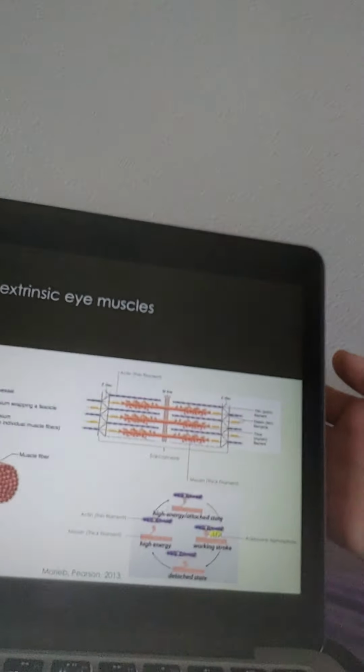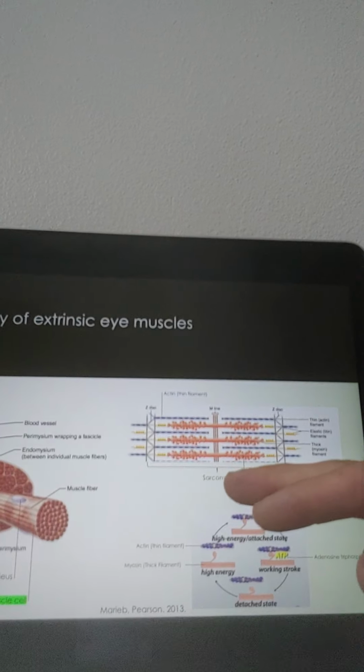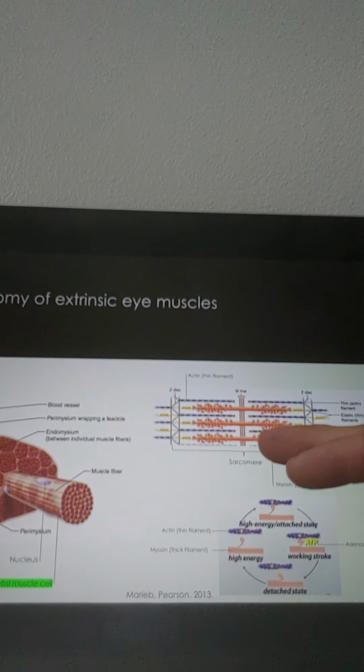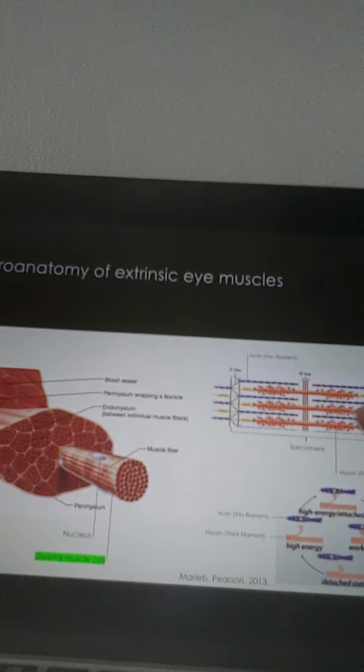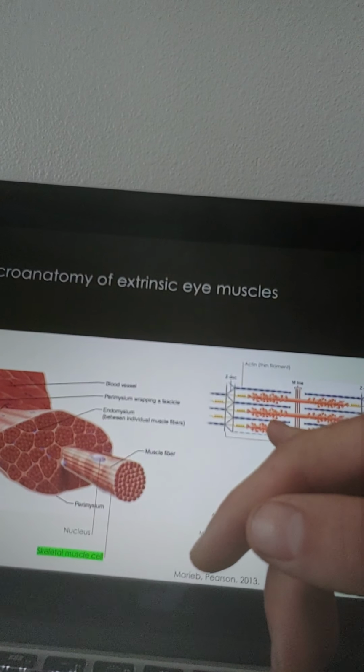And function, how these muscles work, is by contracting, as you might assume, and the mechanism of contraction is with the help of these 2 proteins.